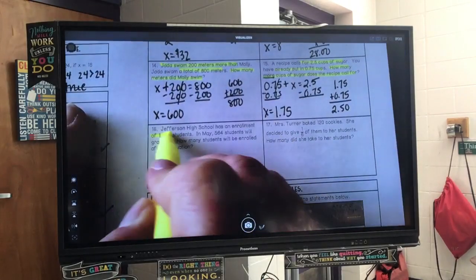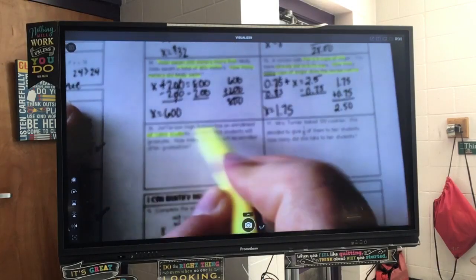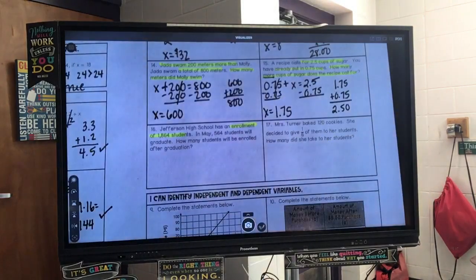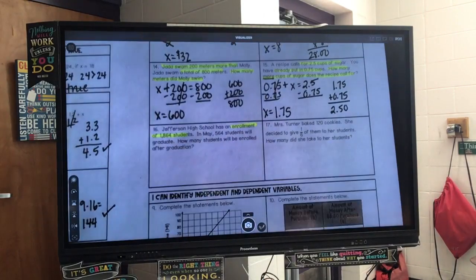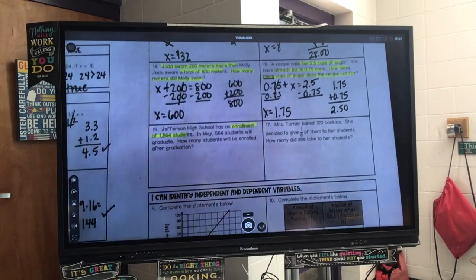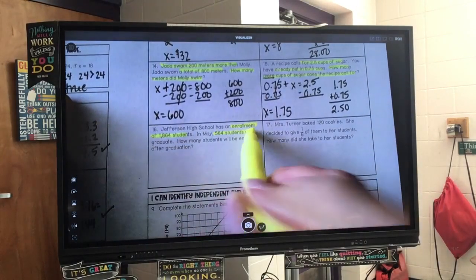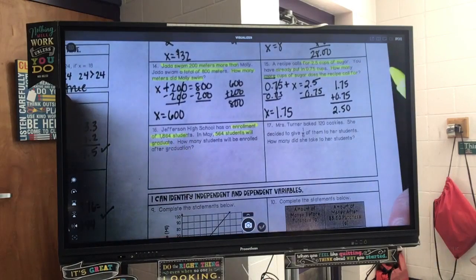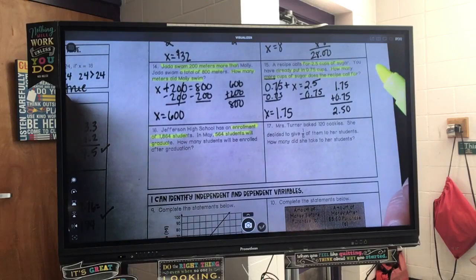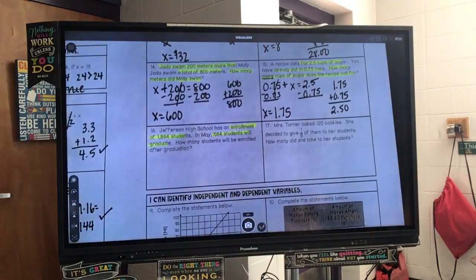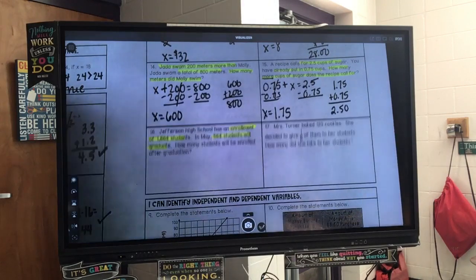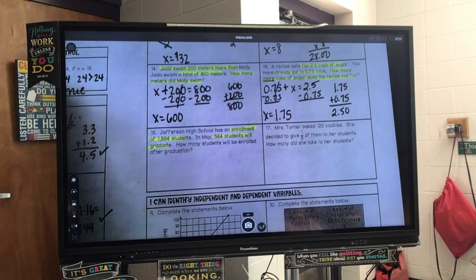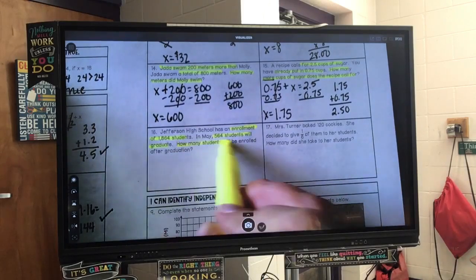Hold on, wait. Not just students, though, we need to know enrolled, because that tells us what? That's the total. Okay, and then 564 students, okay, and that tells us what? Essentially, we will be subtracting. So that's how we solve our problem, right? And then what's the last part that's important? How many students will be enrolled after graduation?